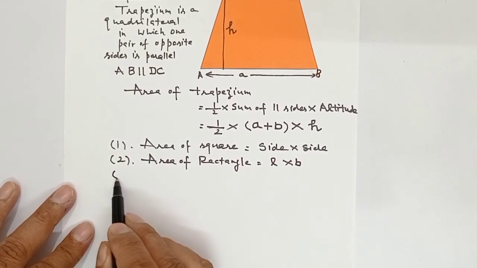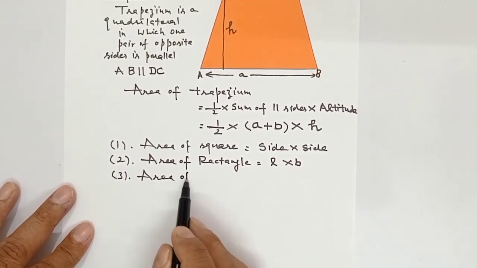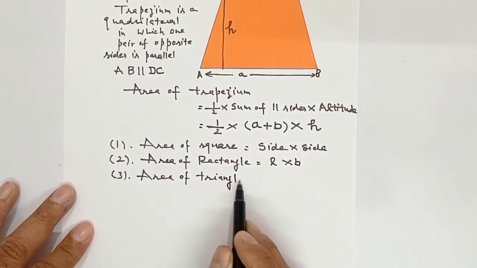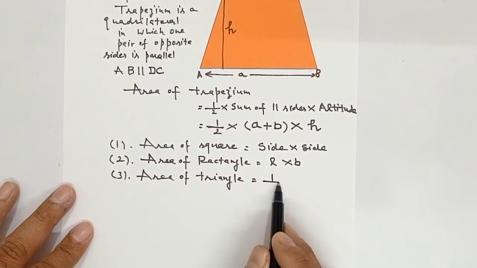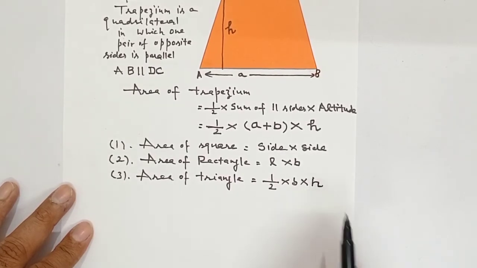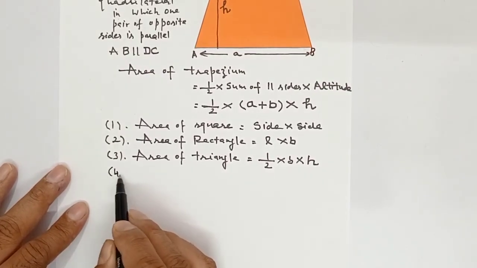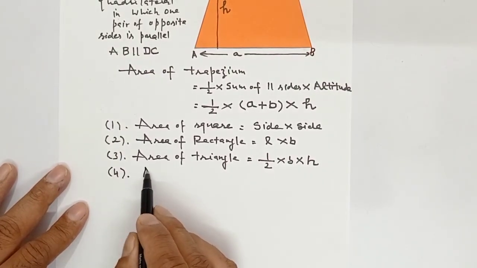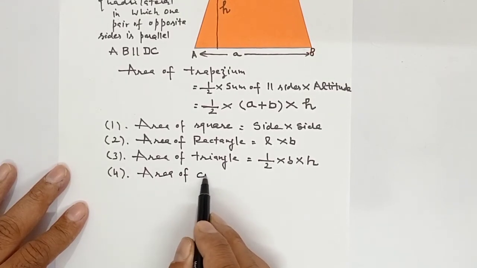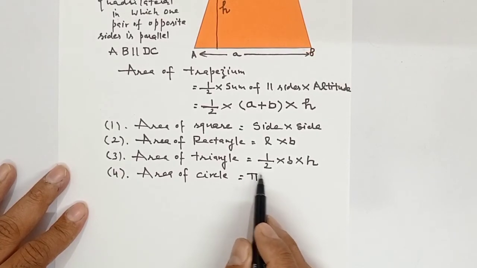Then area of triangle, it is 1 by 2 into base into height when base and height are given. Then fourth, area of circle, that also you have done, pi r square.